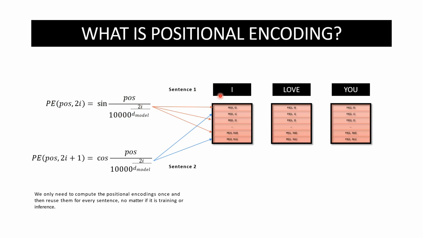If I take a sentence as an example, I love you, then it will take this sine of the periodic motion in the odd positions, and in the cos, it will take the even positions from here.